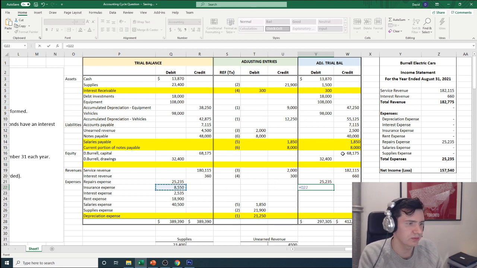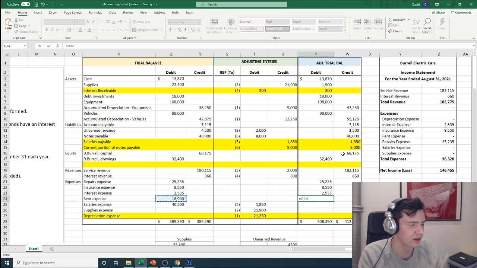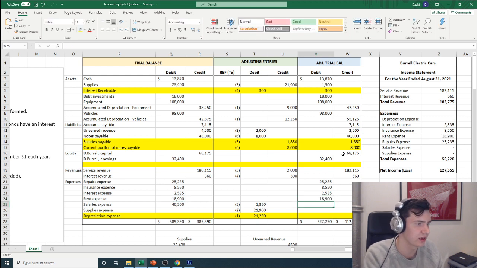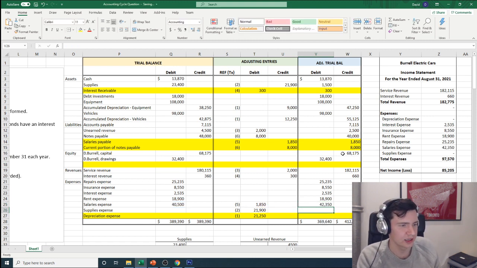Insurance expense, no adjustment, just carrying over that amount. Interest expense, no adjustment, same thing. Rent, same thing. And then salaries expense on this side, we do have an adjustment, so we're going to add 40,500 plus the 1,850, and that's going to give us 42,350.